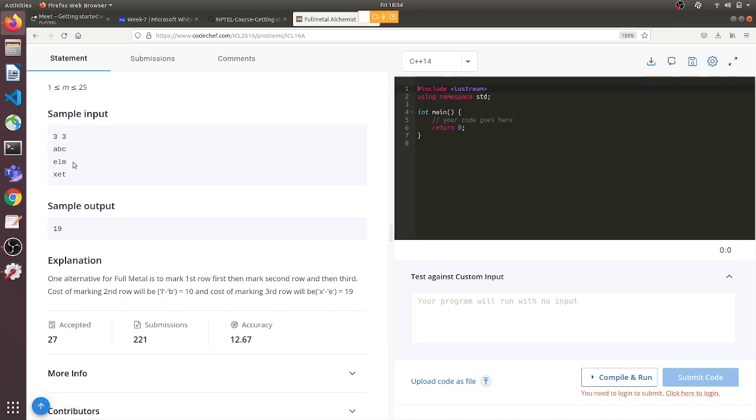Or C and M, whatever we consider, both will be the maximum. And so the absolute difference between them is the weight of the edge between these two rows, or we can consider every row as a vertex of the graph that we are trying to build.